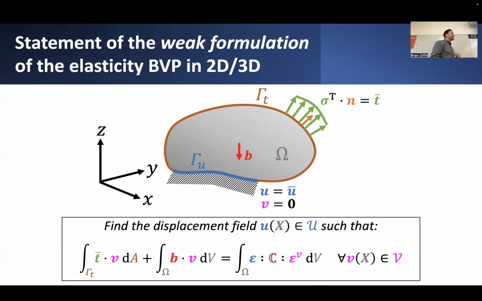Okay, so now we have this weak formulation of equilibrium. We've converted that governing differential equation into this equivalent integral form of equilibrium. Now, what did we do next? Once we had things converted into this weak formulation, what was the next step in our process towards formulating finite element systems of equations?